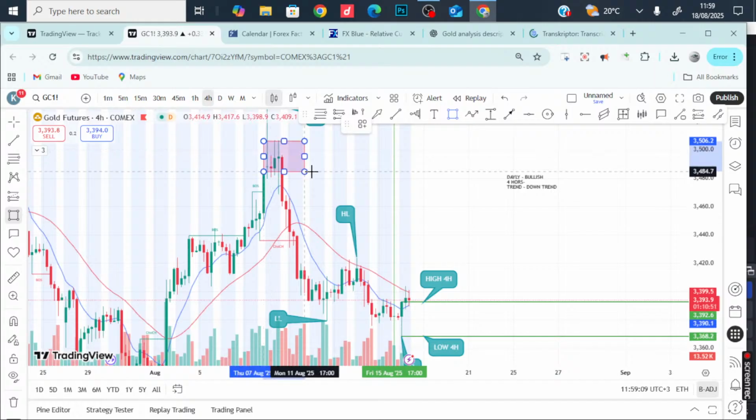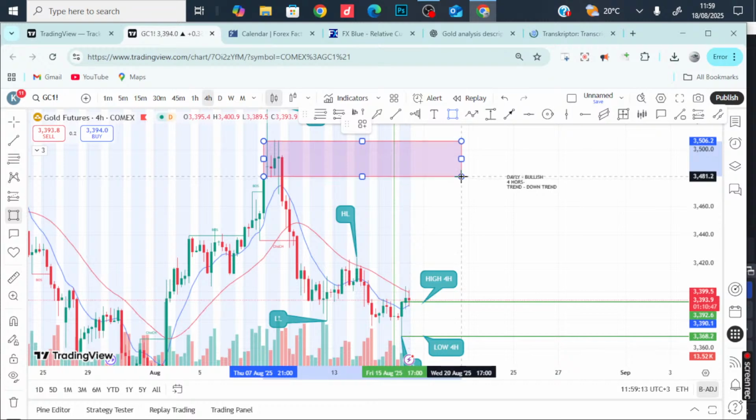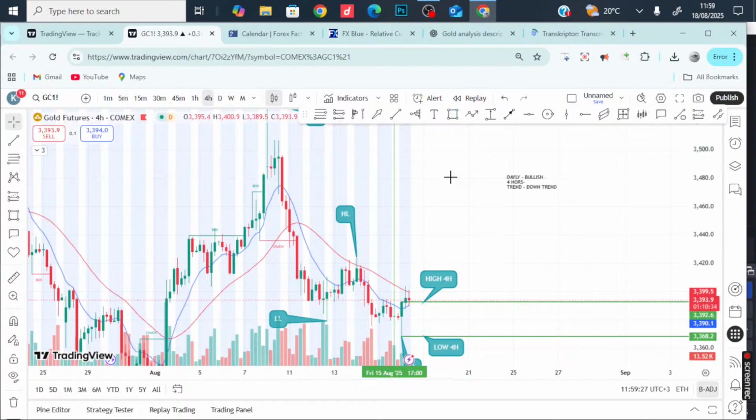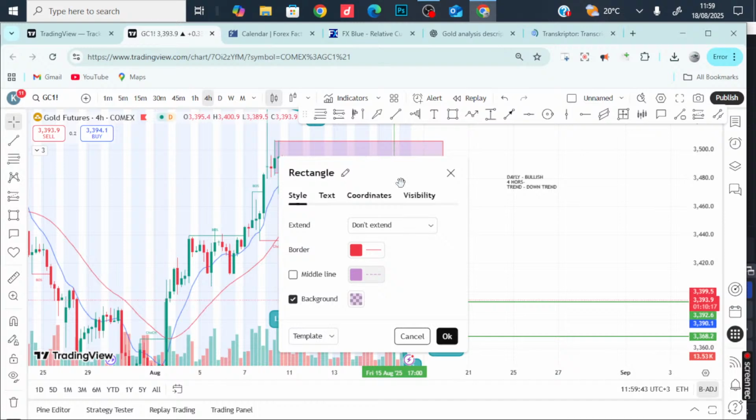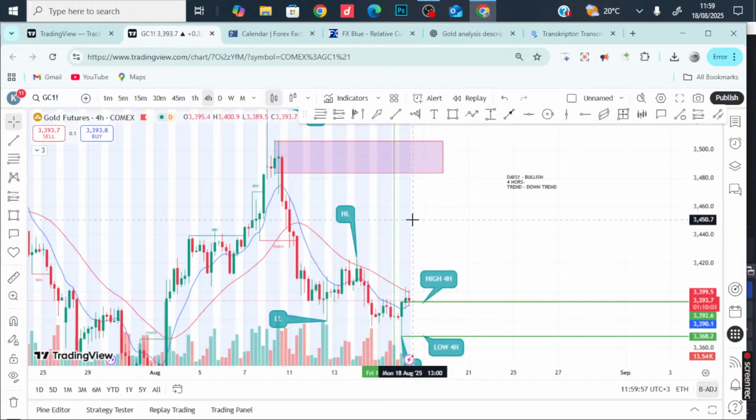This was the supply zone. So this was our first supply zone.